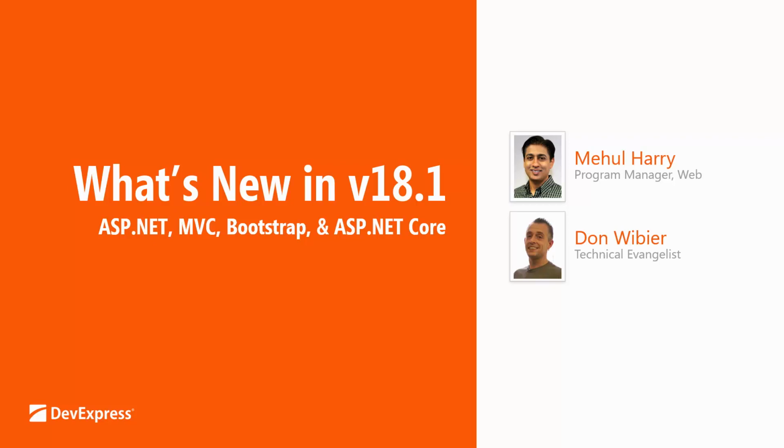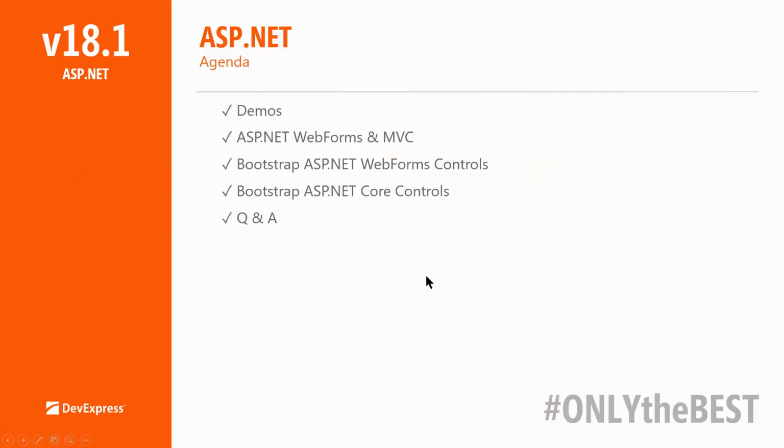And you and I, Julian and Amanda, were just fresh back from Build last week, and we have our own bit of news this week, all our What's New webinars this week. So today specifically, we've got What's New in version 18.1, and Julian and I are going to cover all the web products related to classic ASP.NET, WebForms, MVC, and the Bootstrap line of controls that we have for Bootstrap WebForms and ASP.NET Core. And so the agenda is real simple.